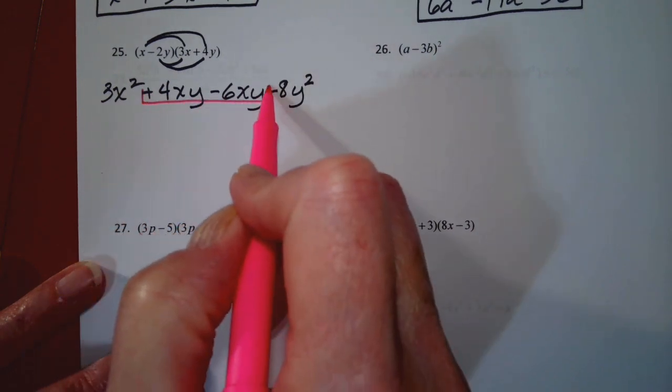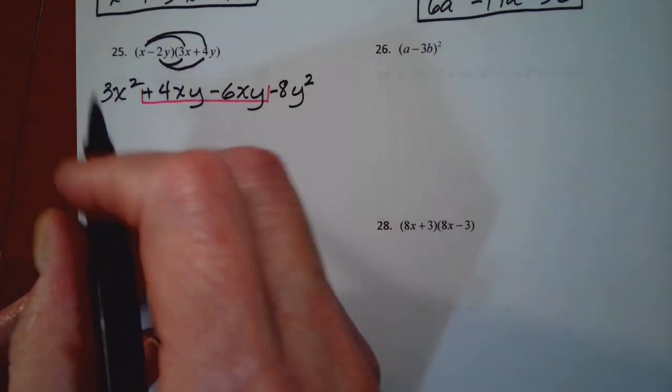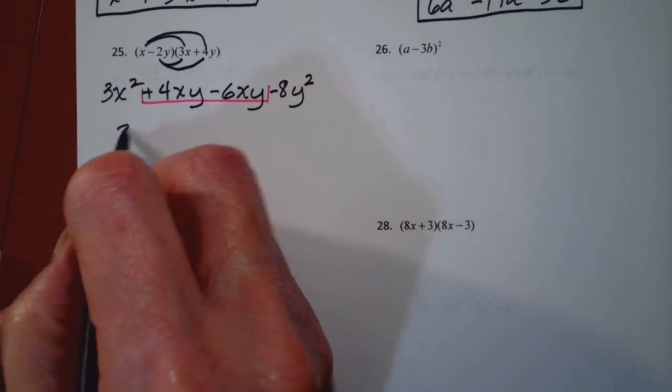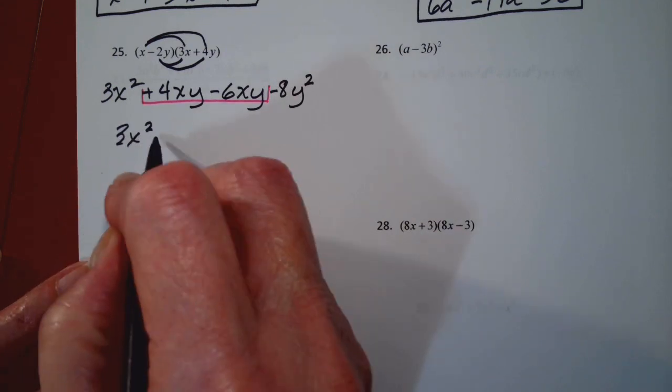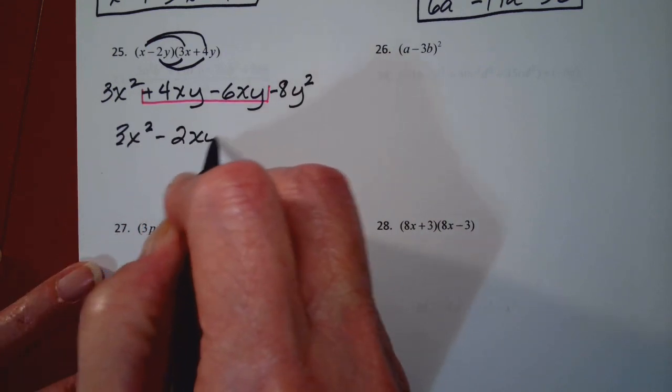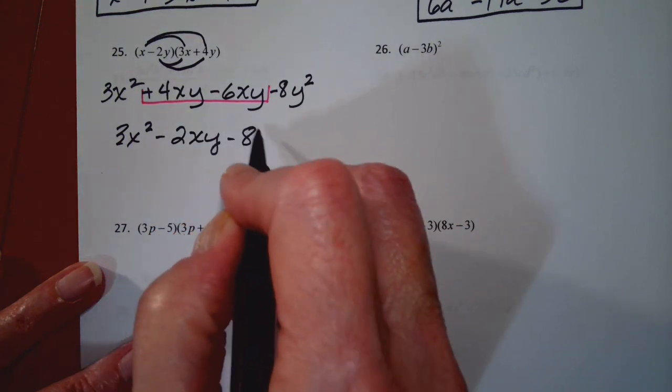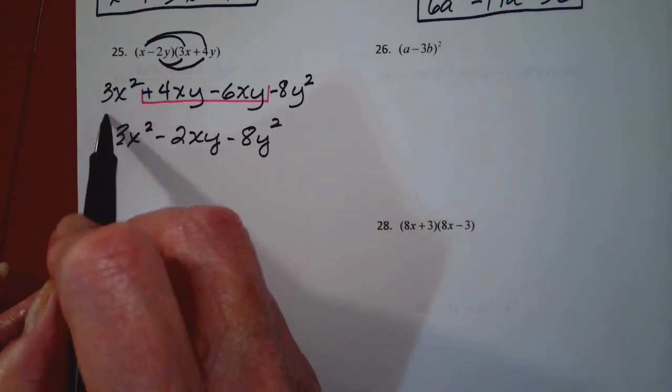Again, I have like terms here that I can combine. So I get 3x to the second minus 2xy minus 8y to the second.